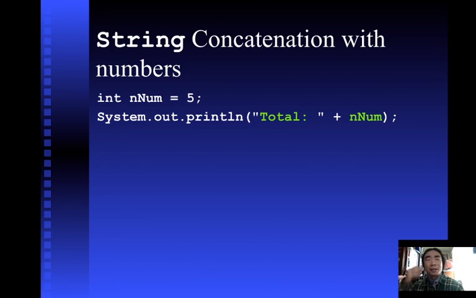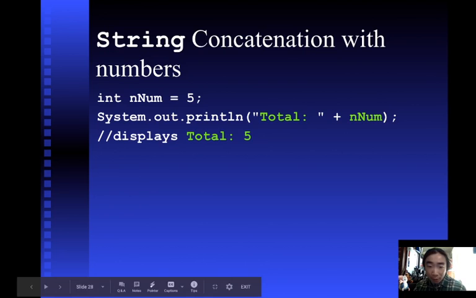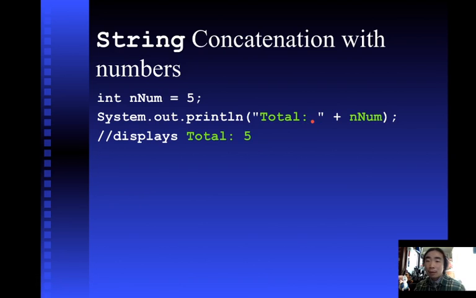I think we do use this kind of format for like for-loops. Using the plus, this displays in green "Total: " with a little space next to it, because that's in between the quotation marks. And then you see num. Notice there's no quotation marks there. It is of type integer, which is why you see the number 5.